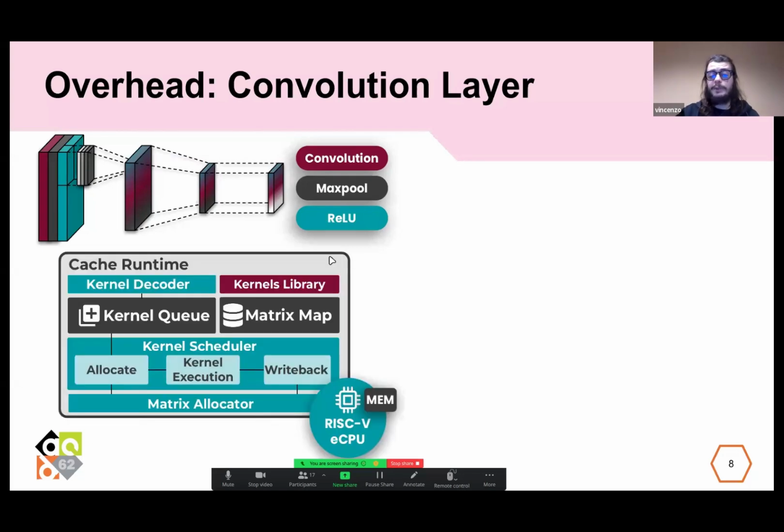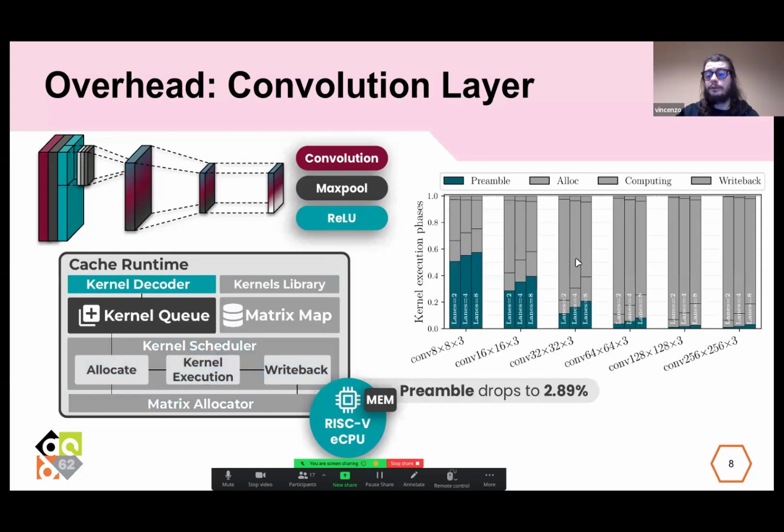Here we have an image of the cache runtime, and on the right we have the overhead split-up, so the computation phases split up for the whole kernel execution. They are normalized, and on the x-axis we have the same kernel but with increasing data sizes. Of course, when using Arcane we want to place ourselves on the right-hand side of this plot, but we brought this comparison with very small kernels for fairness.